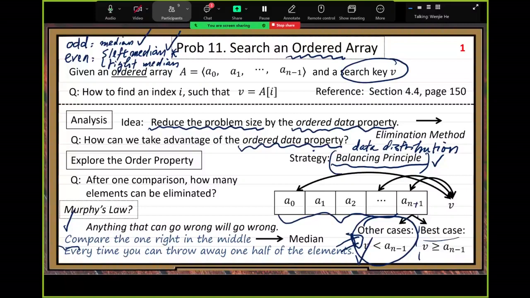You can safely throw away approximately 1/2 of the given data. Data size is n. So this part, after one comparison, is eliminated. That's the result of comparison with the median element.